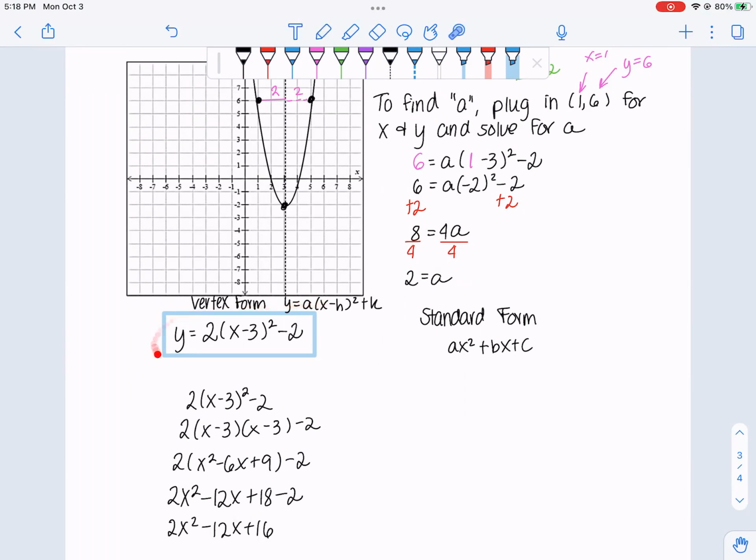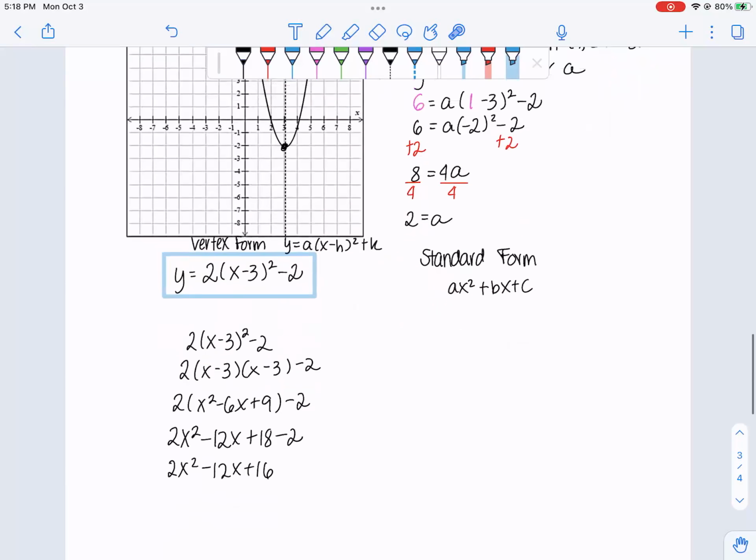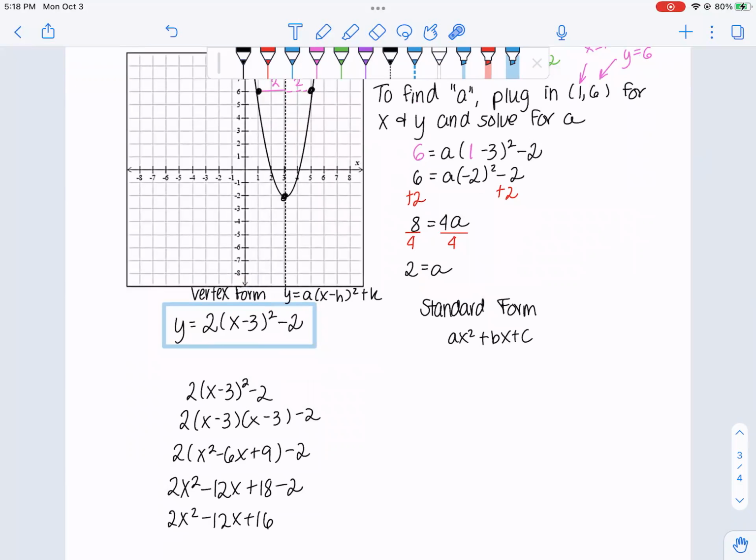So this parabola in vertex form looks like this, but its standard form looks like this. So sometimes you want to go from vertex form to standard form, and that's how that works. If you want to know how to go from standard form to vertex form, that will be in the next video.